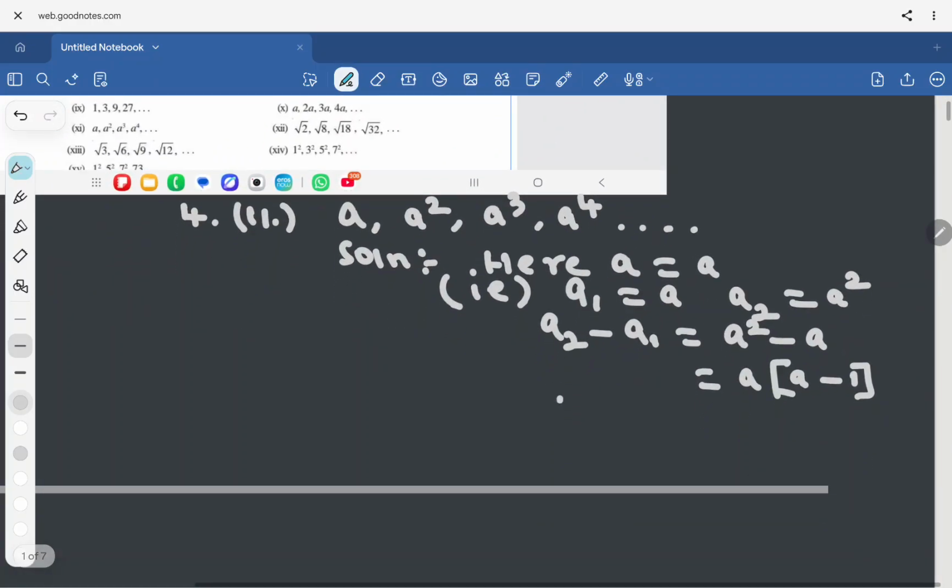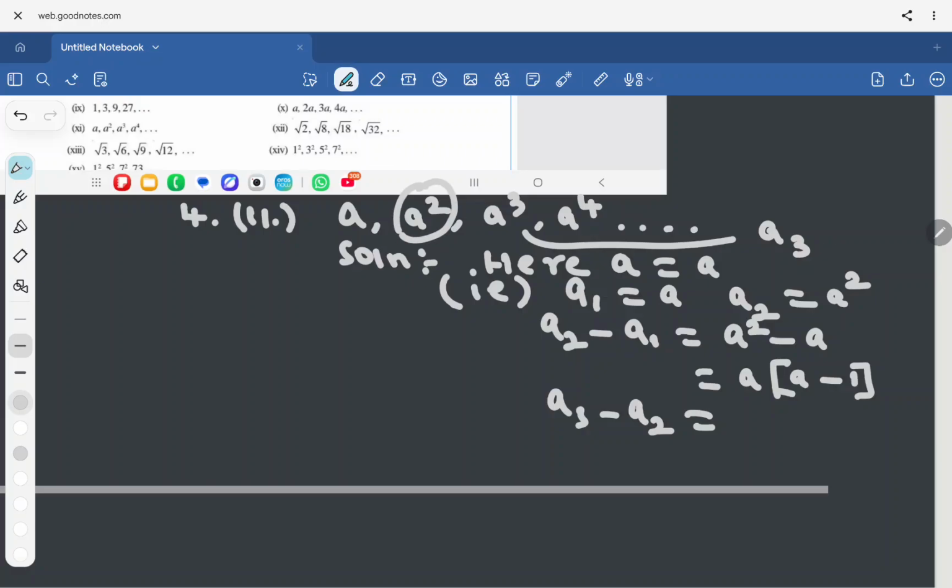Now find a3 minus a2. Here a3 is a cube, a2 is a square, a cube minus a square. If I take a square outside, a square into a minus 1.